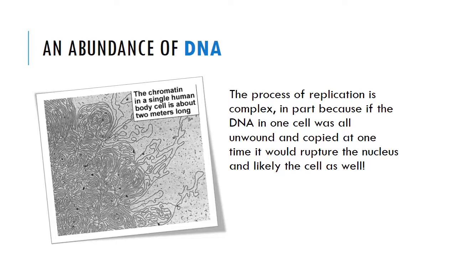If it was all unwound to be pulled apart and used as a template, then our cells would be blowing up all over the place because there is just so much DNA material in the nucleus. So we have to open up little pieces of it at a time and replicate it and then rewind it around those histone proteins that we talked about so that we can keep our cellular structures intact.